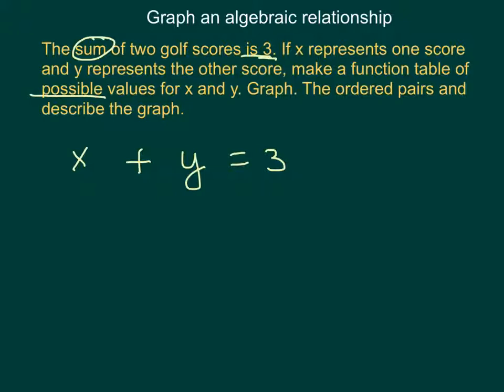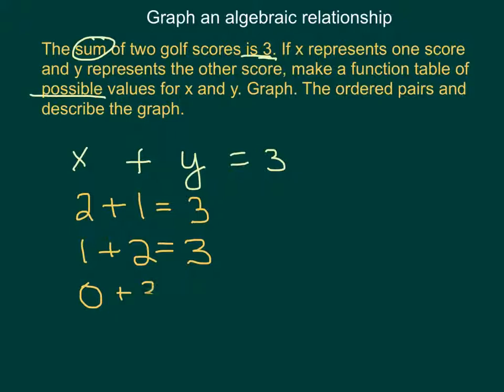So we would be able to say 2 + 1 = 3, 1 + 2 = 3, 0 + 3 = 3, and 3 + 0 = 3.